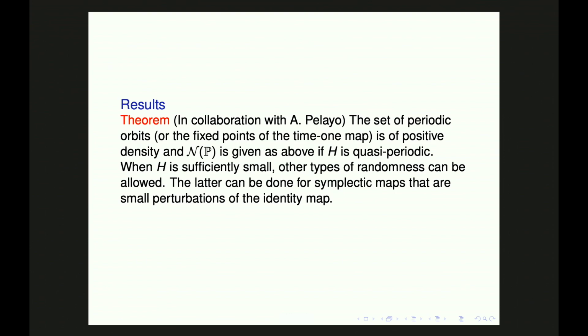But let me mention some rough description of some of the results that one can prove in this setting. And is that indeed, we can prove such formulas are true in the quasi-periodic setting, and I think with some extra work, one can push it to almost periodic setting.